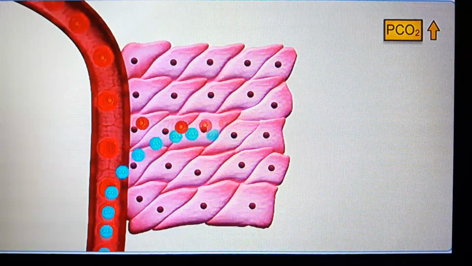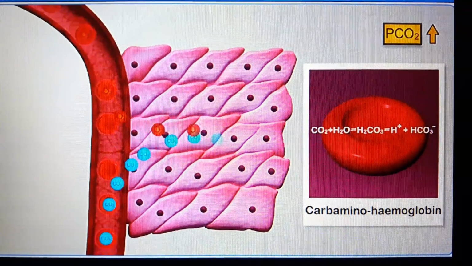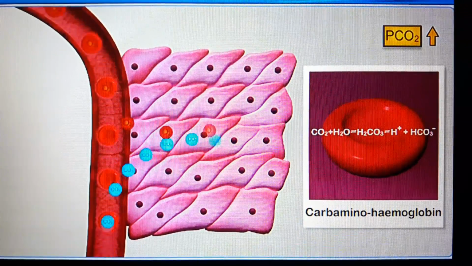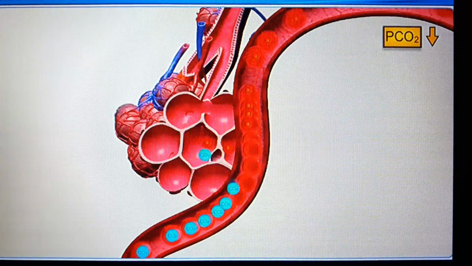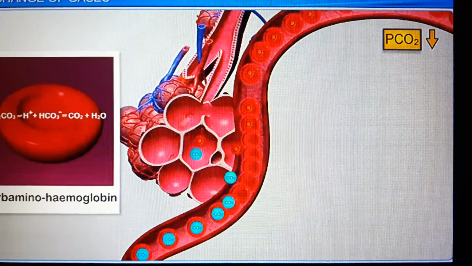Watch this video to understand completely the mechanism of transport of carbon dioxide, RBC to alveoli and tissue to RBC or tissue to capillaries.